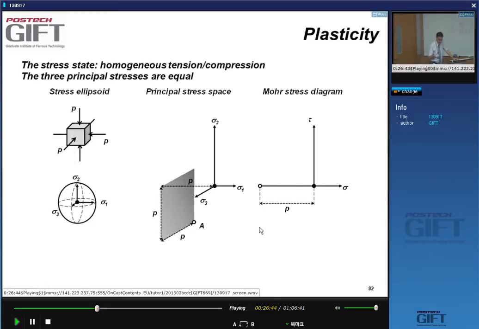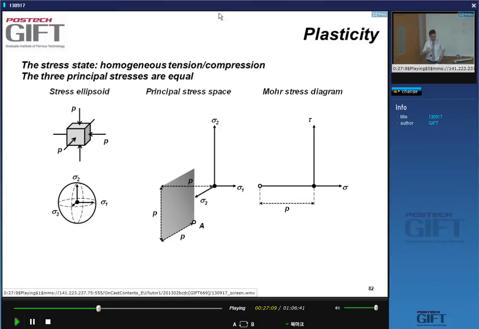All right. So let's perhaps have a look at specific conditions. So we know what is meant by these 3 diagrams: the stress ellipsoid, the principal stress space, and the Mohr stress diagram. The Mohr stress diagram is in 2 dimensions.